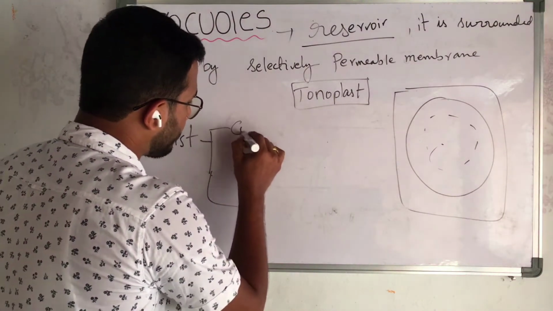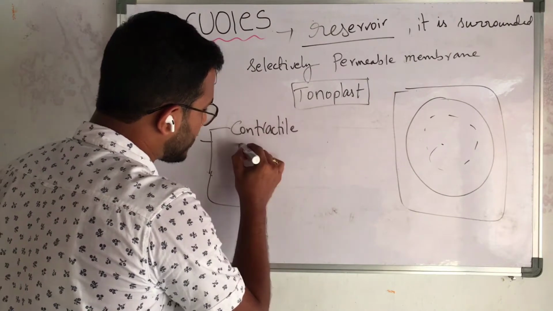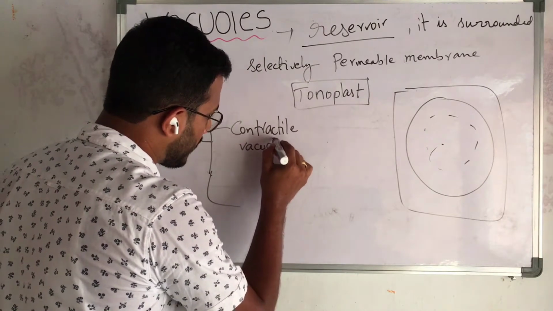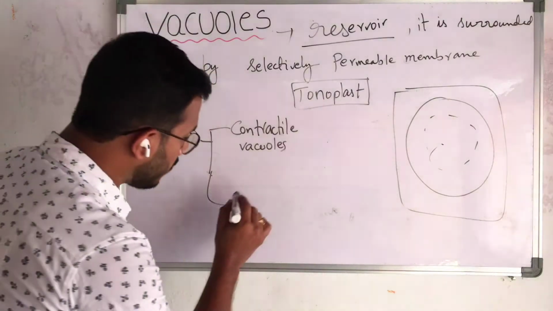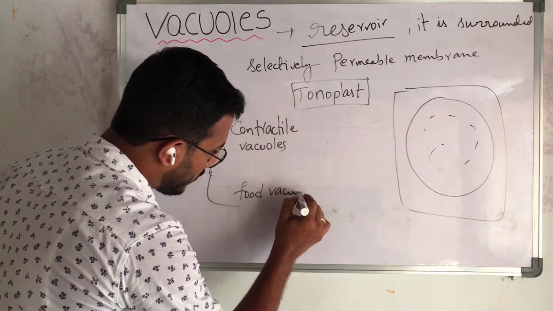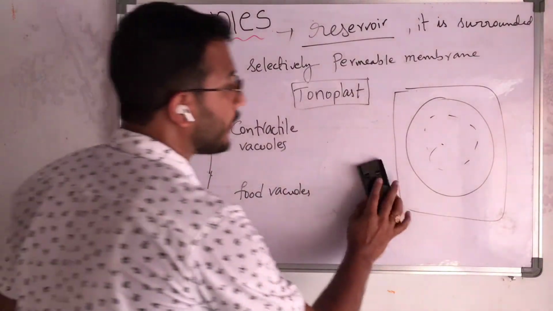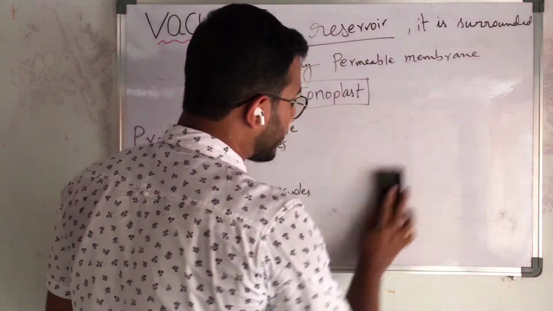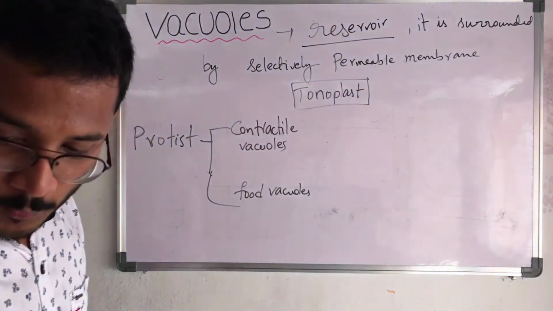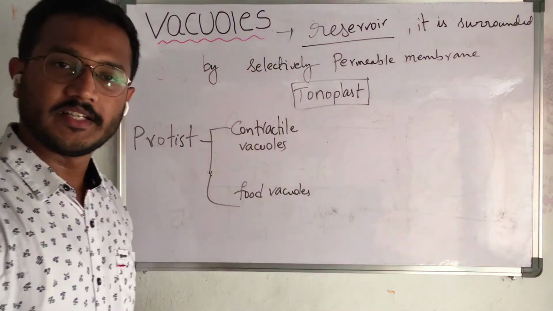Those are contractile vacuoles and food vacuoles. What is the function of a contractile vacuole? In which type of organisms are they present? In the same manner, what is the function of a food vacuole, and in which type of organisms are they present? We will see now.